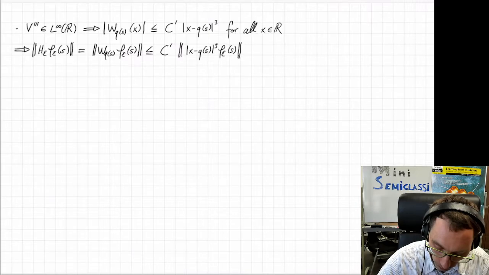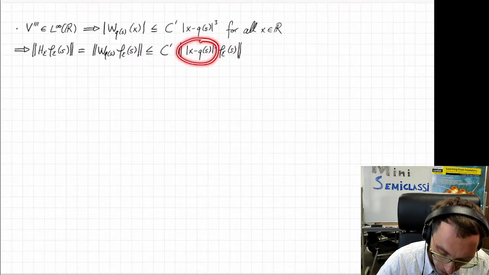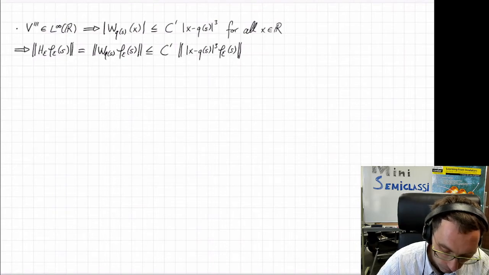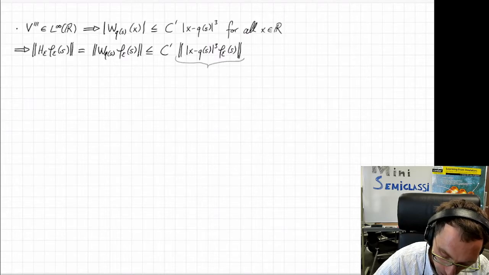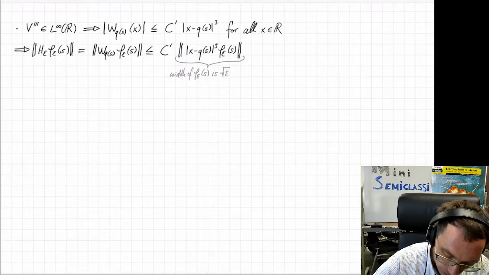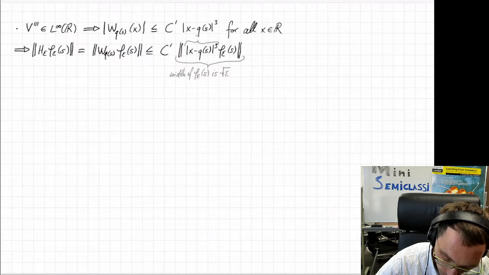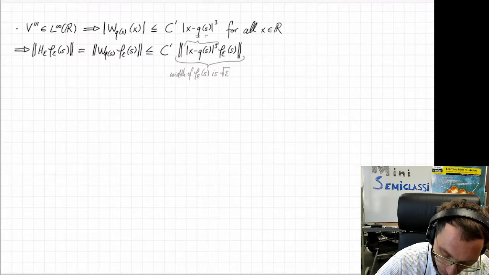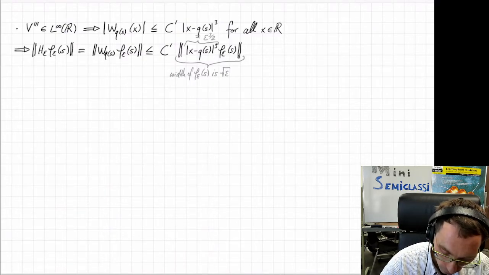So now this is a Gaussian, so this integral can be analyzed very explicitly. And one thing that becomes clear, because the width of the Gaussian is square root of epsilon, is that this factor here is epsilon to the 3/2, right?